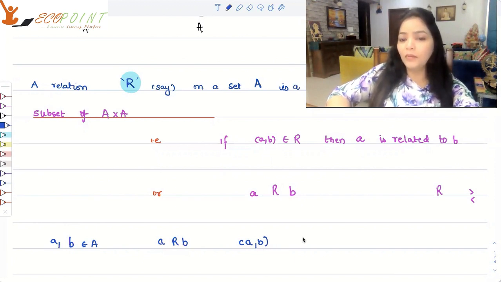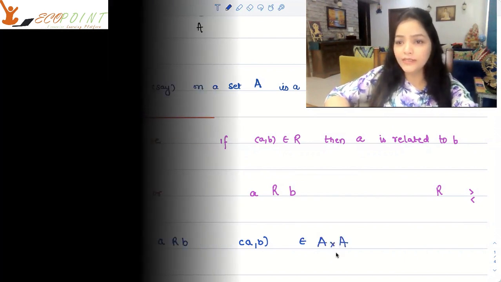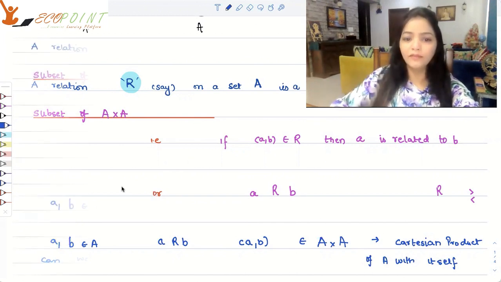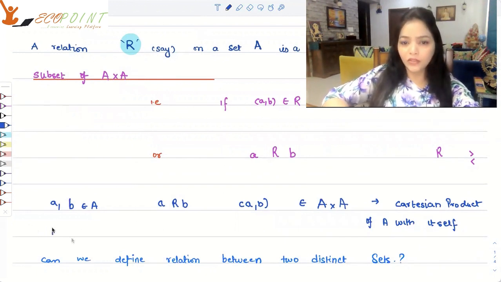And (a, b) is an element which you will find in A cross A. What is A cross A? A cross A stands for the Cartesian product of A with itself. So when we say R is a relation, then R is a set of all these kinds of Cartesian products which are possible, which are giving you the relation.